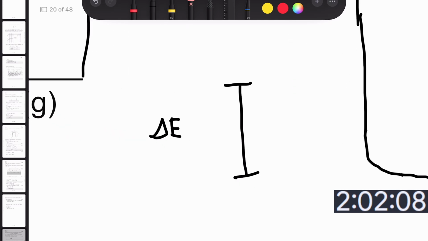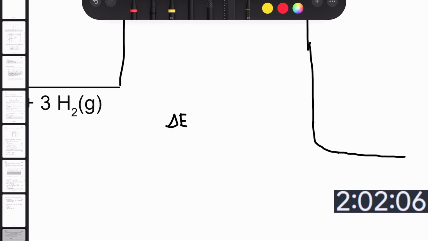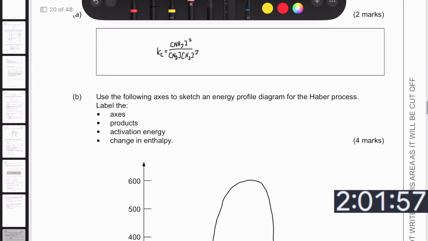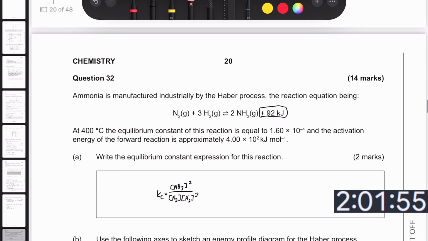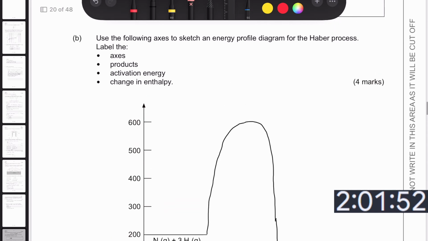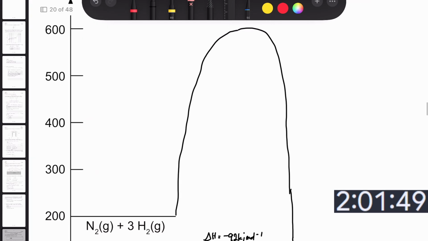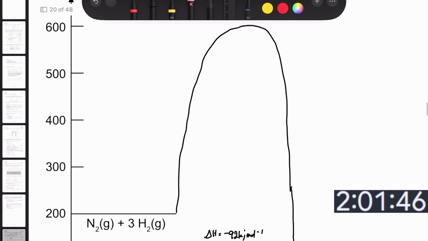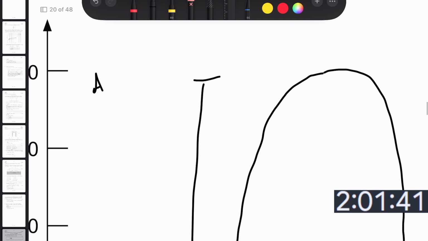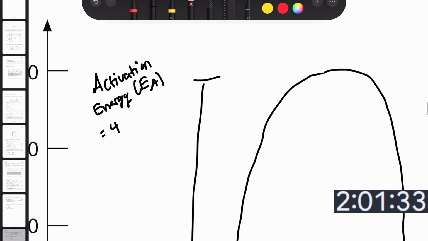So now I can see that this is my delta H, sorry. Delta H is equal to -92 kilojoules per mole. And then here's my activation energy. So activation energy, I'm going to say this is Ea equal to 400 kilojoules per mole.